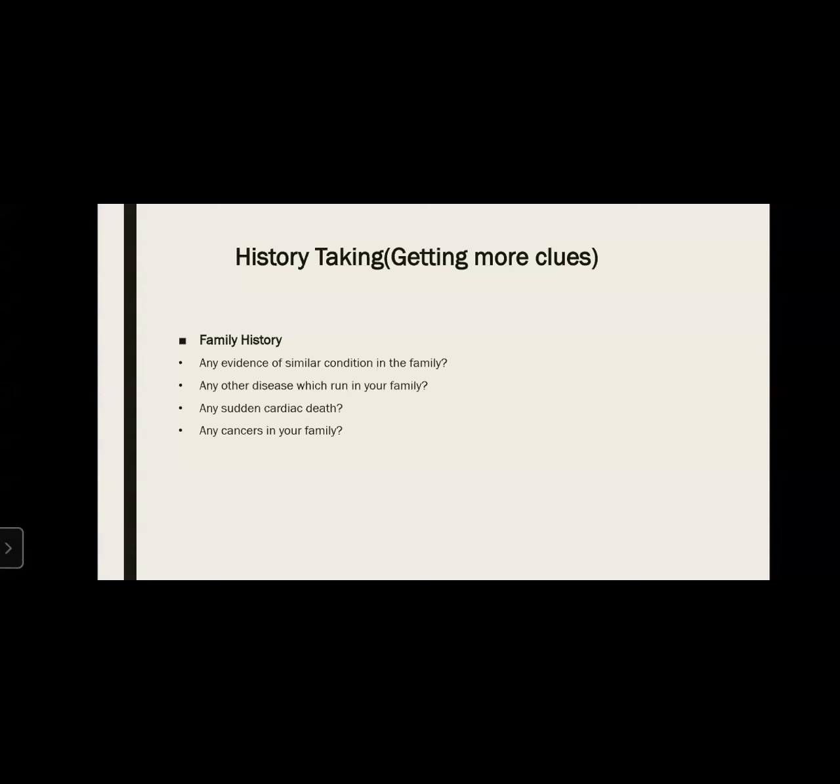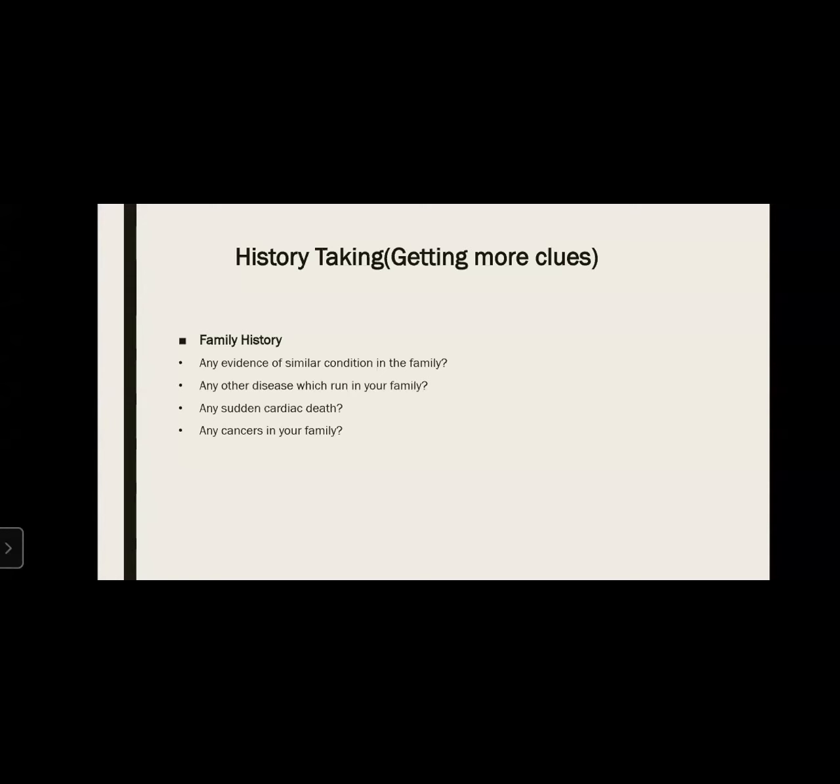I am having sore throat, my wife is also having sore throat. So you can attribute it to some infective etiology. And if he is saying that I live alone, you can ask if any co-workers or colleagues have similar conditions. It's extremely important.